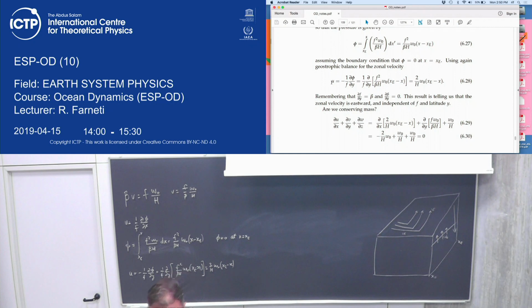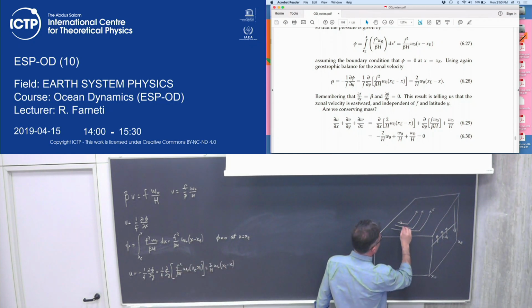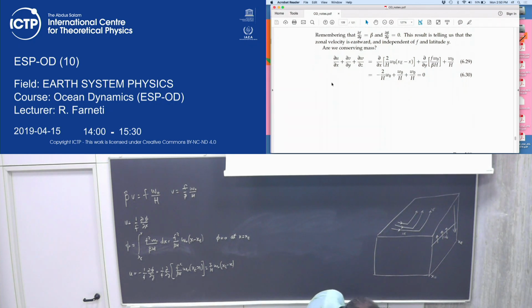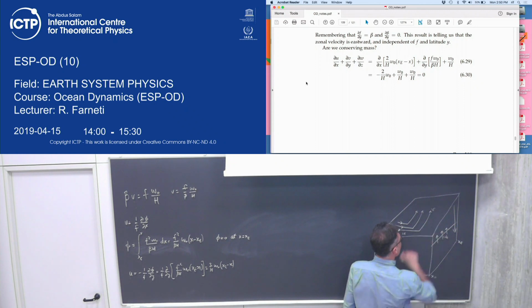So the solution is building this way, and you will see how we get to that. This simple model gives me an expression for a vertical velocity that is providing a positive meridional component of the velocity and an eastward or positive zonal component of the velocity.